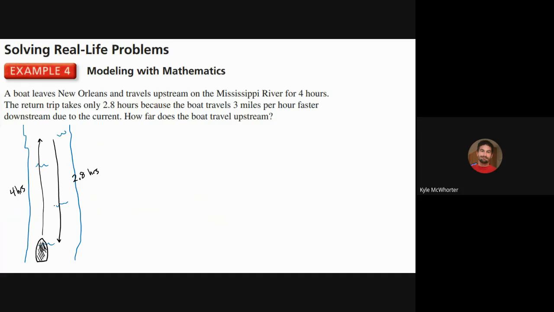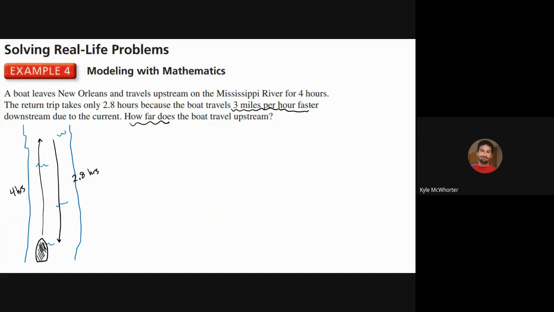So we're going to have to use, they tell us about time. They tell us about speed, right? 3 miles per hour faster. And they're asking about a distance.